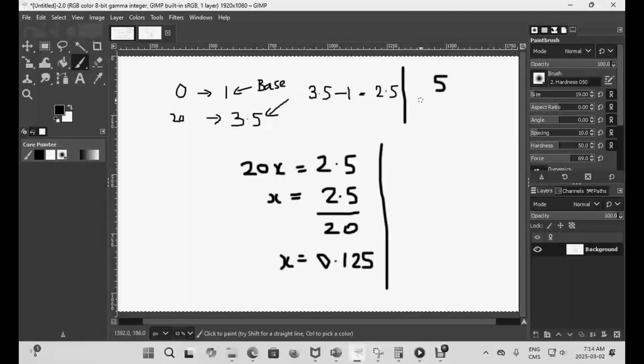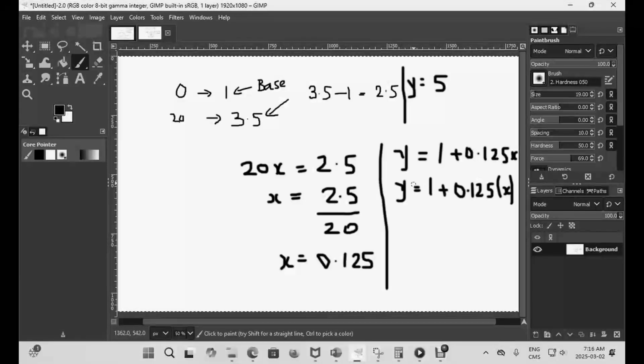If this is your target, you will need to write this in equation format. So we know that y equals 1, this is what you start off with as your base, plus 0.125x. Here, y represents your ranking. So y equals 5, so 5 equals 1 plus 0.125x.